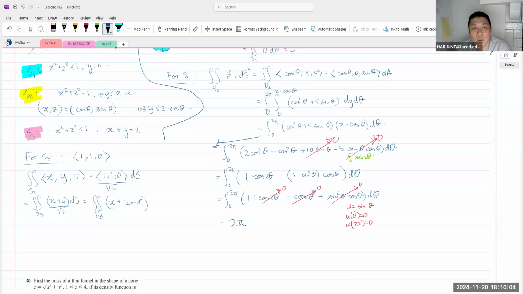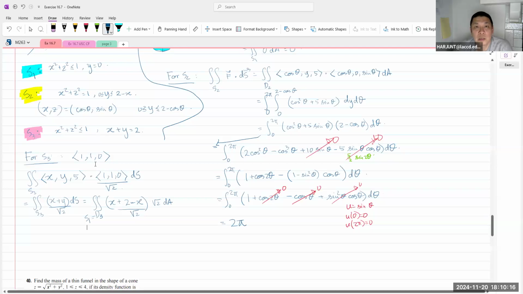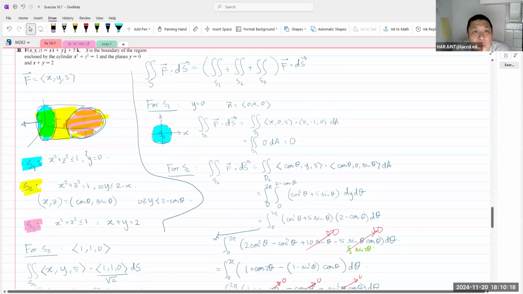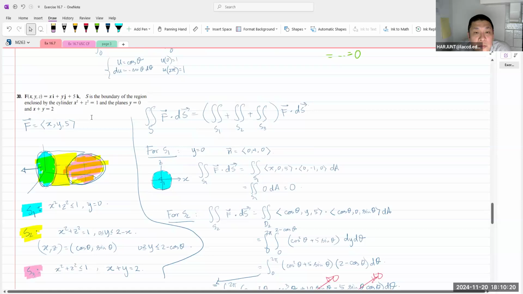Okay, and over square root of 2, but the dS is square root of 2 dA. Now, D3 is basically equal to S1, if you remember, which is the disk with radius 1.